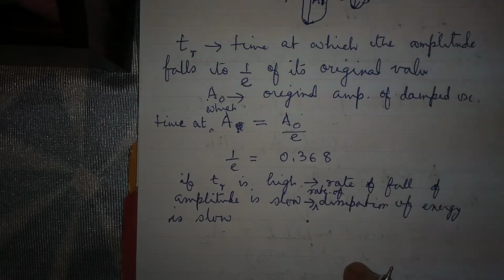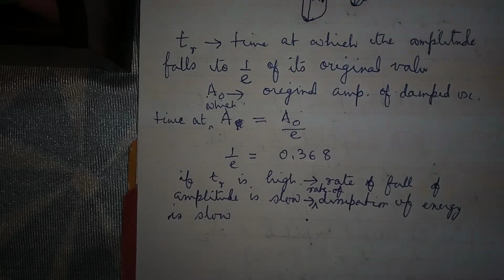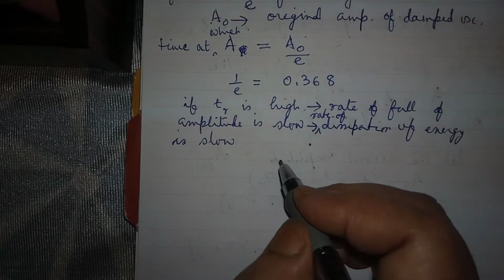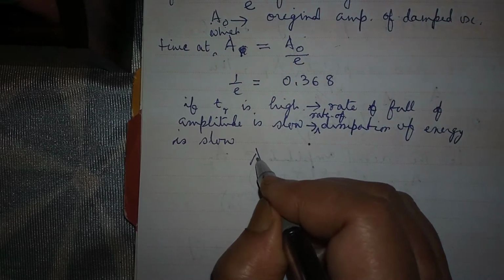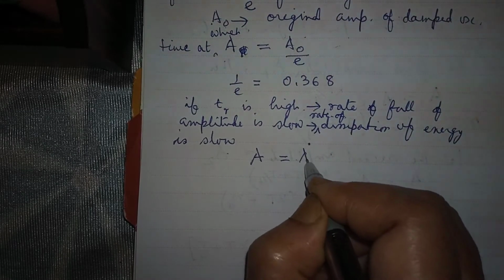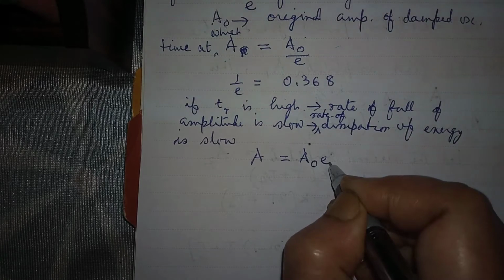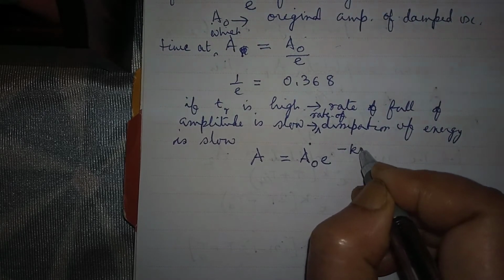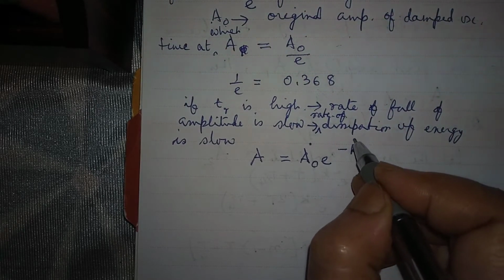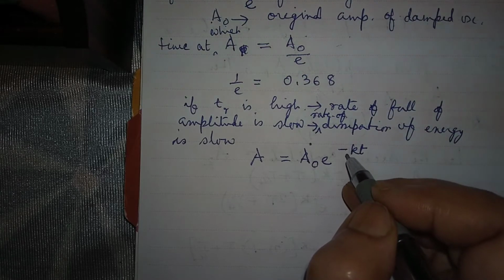So, the amplitude of a damped oscillator at any given time, we already know, is A equal to A0 e to the power minus kt. What is k? K is the damping constant.